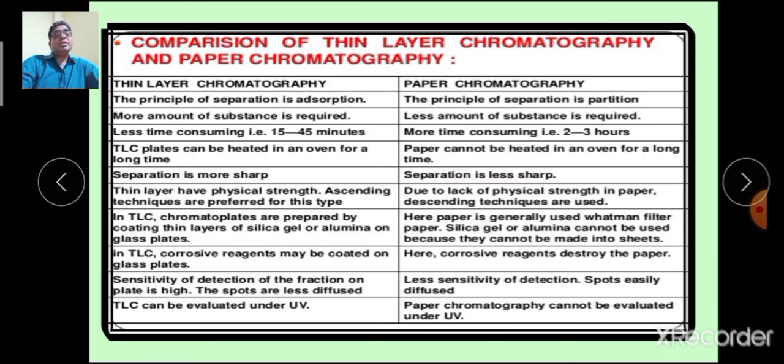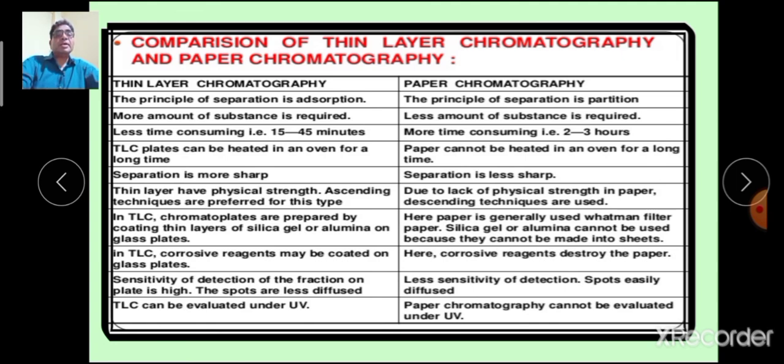This is the slide of comparison. We will see the comparison chart of TLC and paper chromatography. The principle in TLC is adsorption, while in paper it is partition. In most cases a larger amount of substance is required in TLC, while in paper chromatography a smaller amount is required.